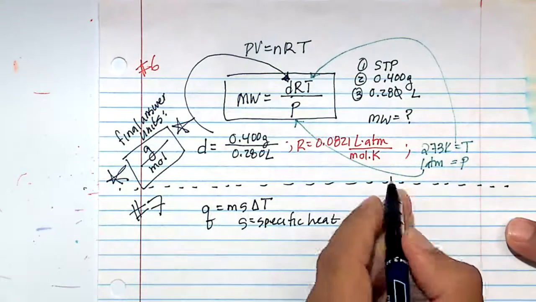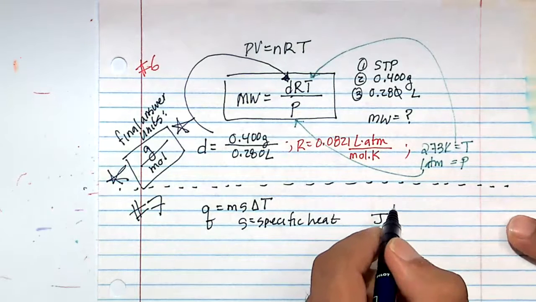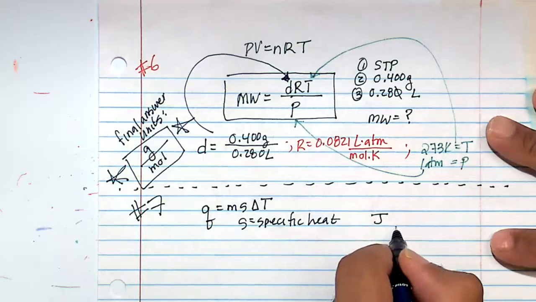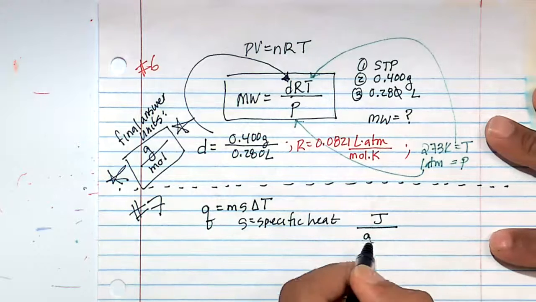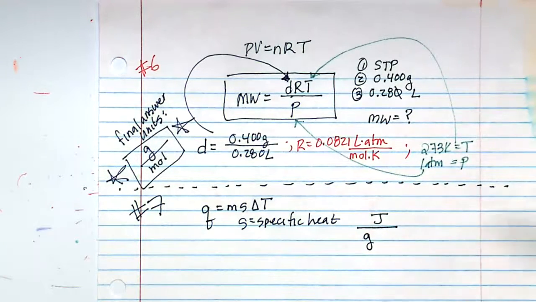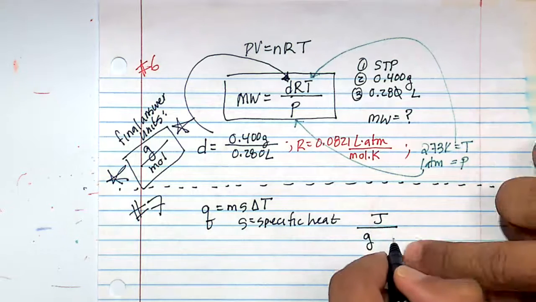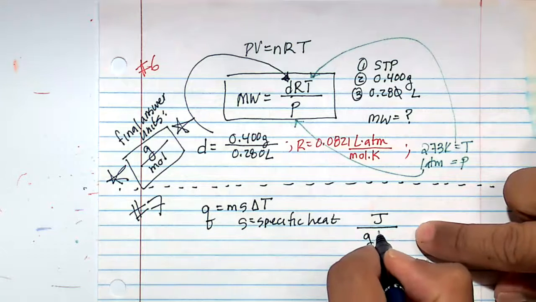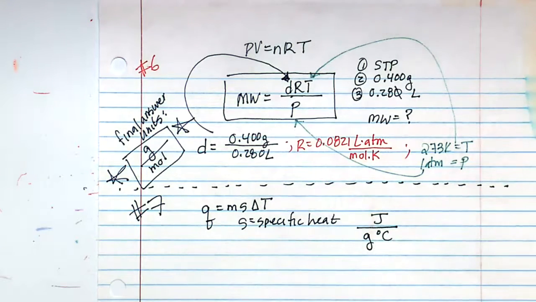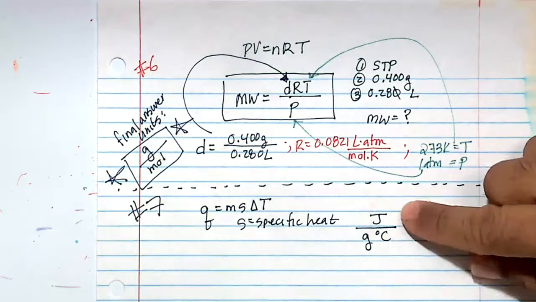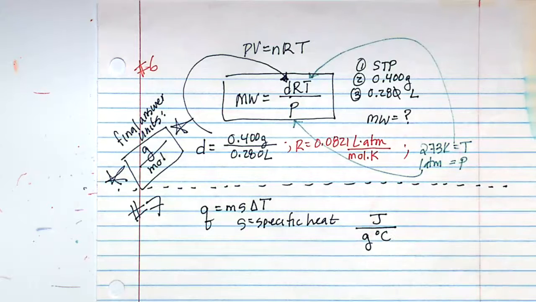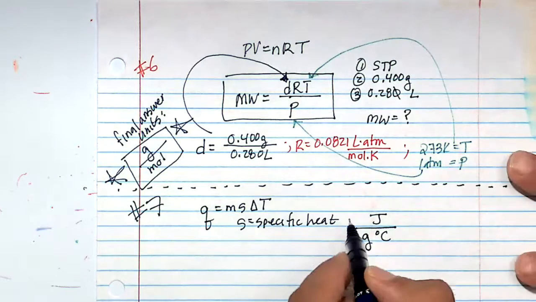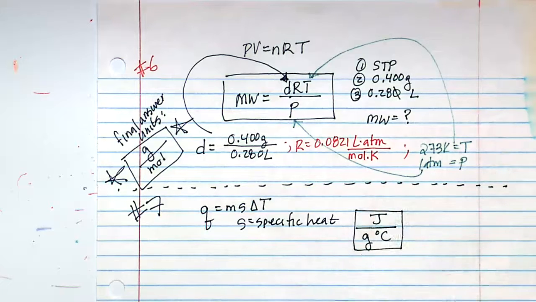It's the amount of heat in joules required to raise 1 gram, for 1 gram and 1 gram only, of anything by 1 degree C. Specific for 1 gram, the amount of heat required to raise 1 gram 1 degree C. And those are the units here. That is a constant, so that will be given to you.